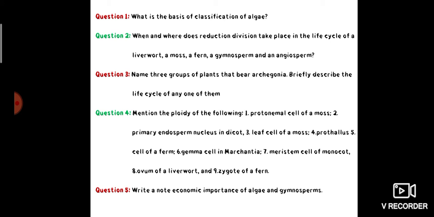Second question: when and where does reduction division take place in the life cycle of a liverwort, a moss, a fern, a gymnosperm and an angiosperm?